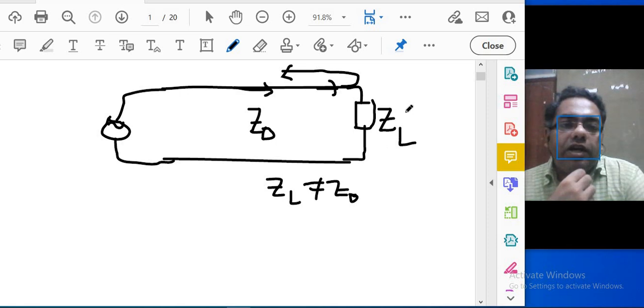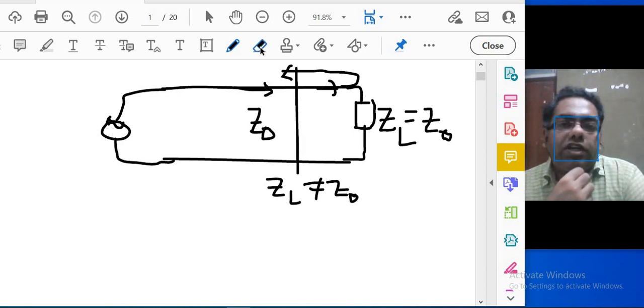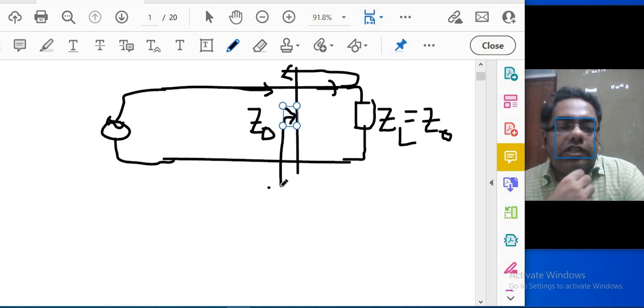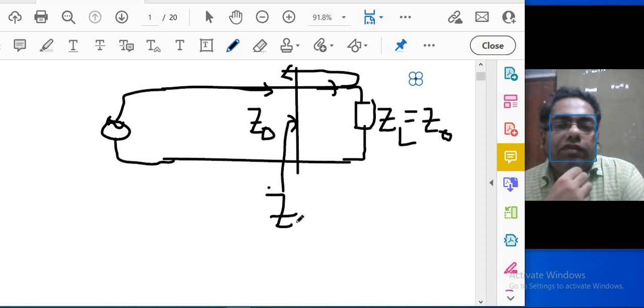And we also saw that when ZL becomes equal to Z0, then this condition represents a completely matched condition, because if you take ZL equal to Z0 and you consider any portion of a transmission line and find out its input impedance at this point, then this input impedance will come out to be equal to Z0.